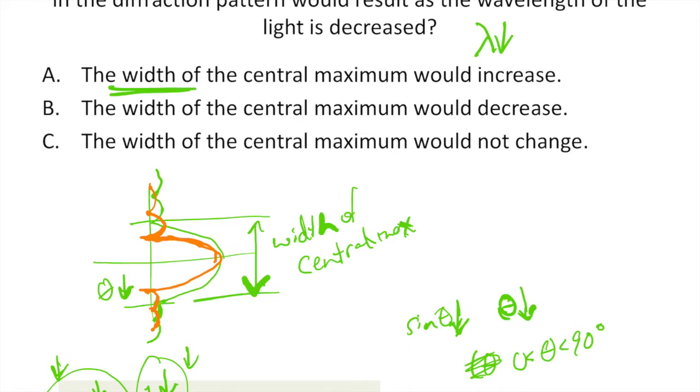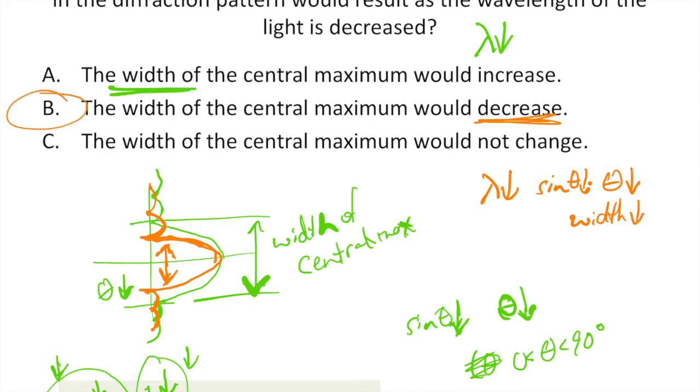So the width of the central maxima is also decreasing. If lambda decreases, then sine theta must decrease, then theta must decrease, and so the width must decrease. All right, so our answer here is going to be B.